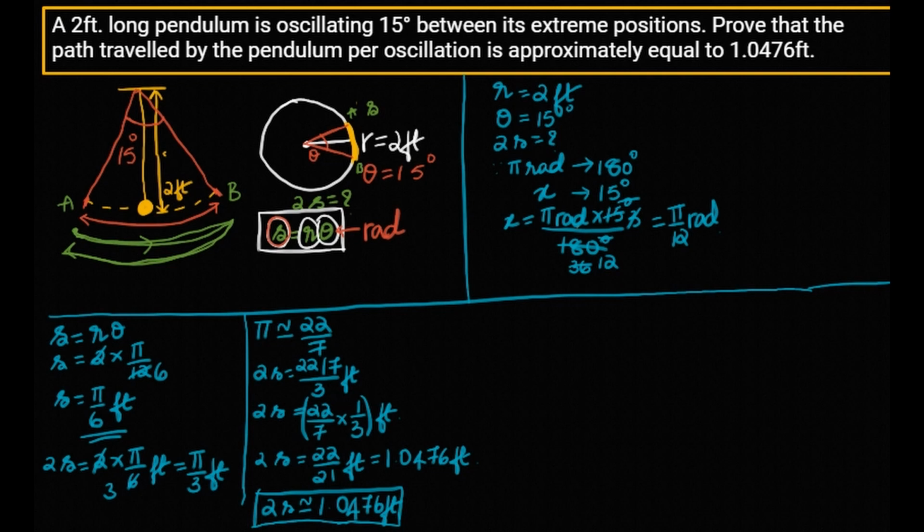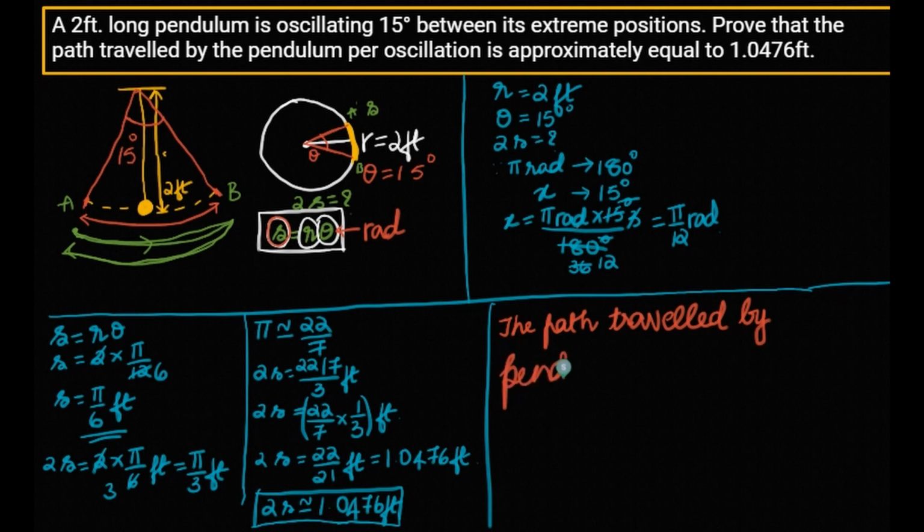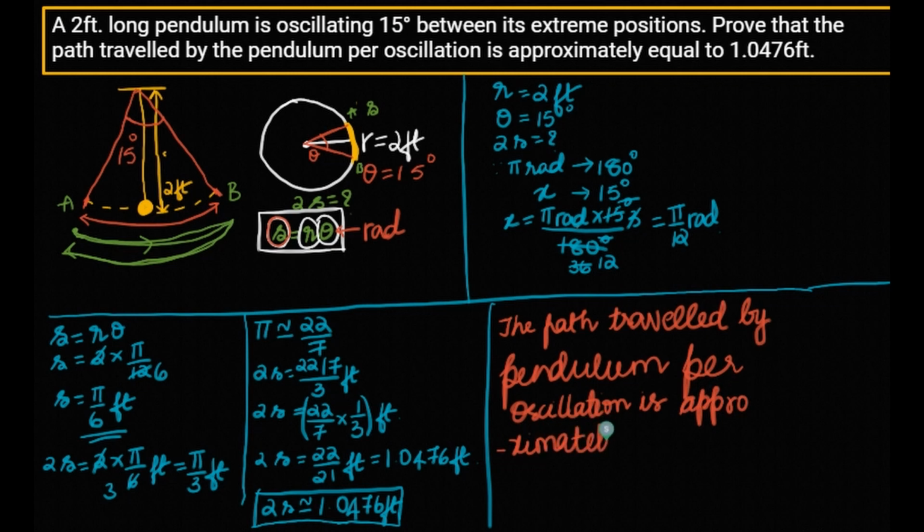So our final answer is the path traveled by the pendulum per oscillation is approximately equal to 1.0476 feet.